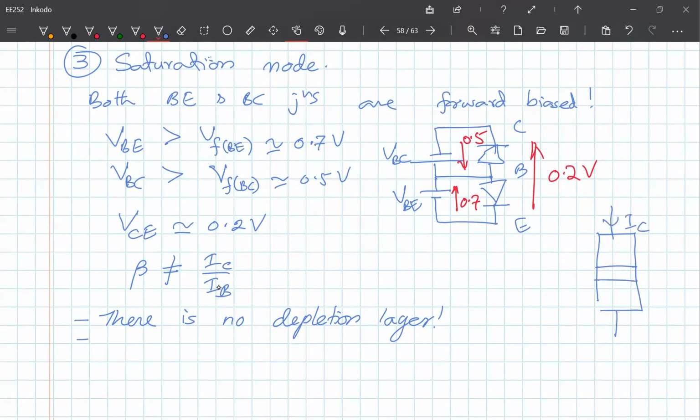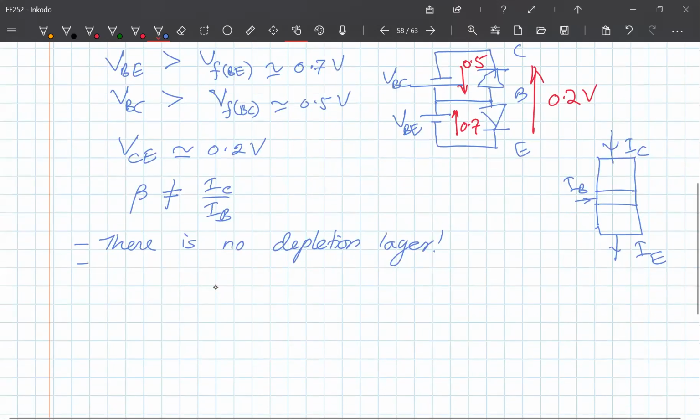IC and IE have to be about the same because IB is very small. IB is small, but this whole thing can flow through IE. Basically IE is equal to IB plus IC, from Kirchhoff's current law. So IC becomes very close to IE.